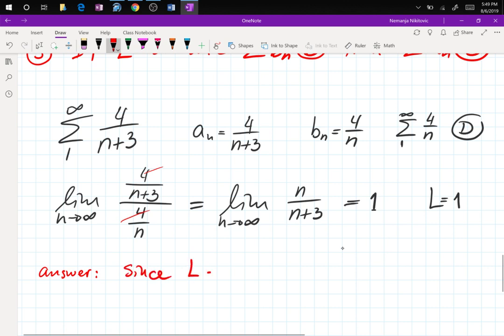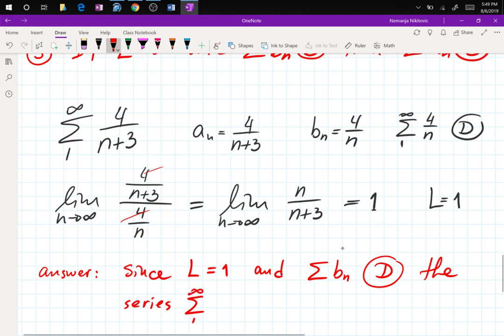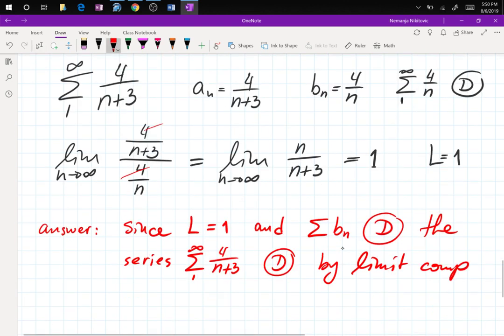Since L equals 1 and summation Bn diverges, the series summation 1 to infinity of 4 over n plus 3 diverges by limit comparison test.